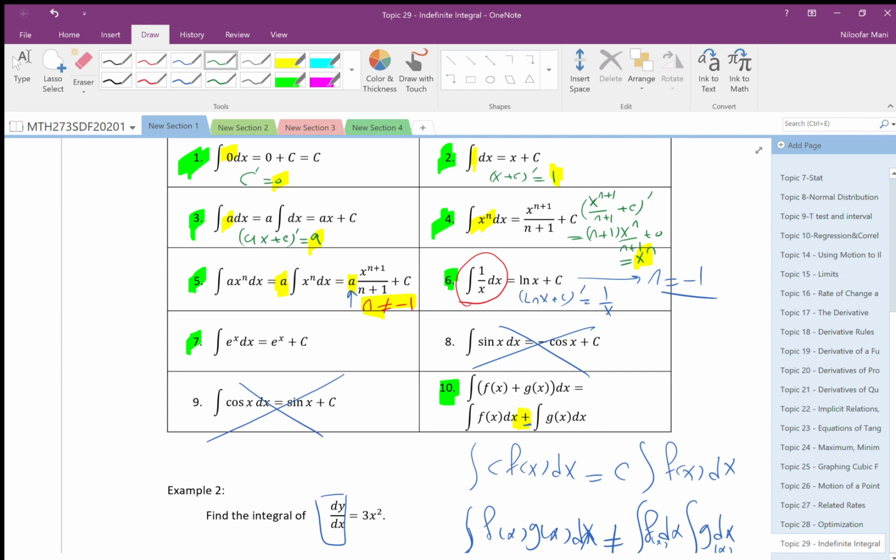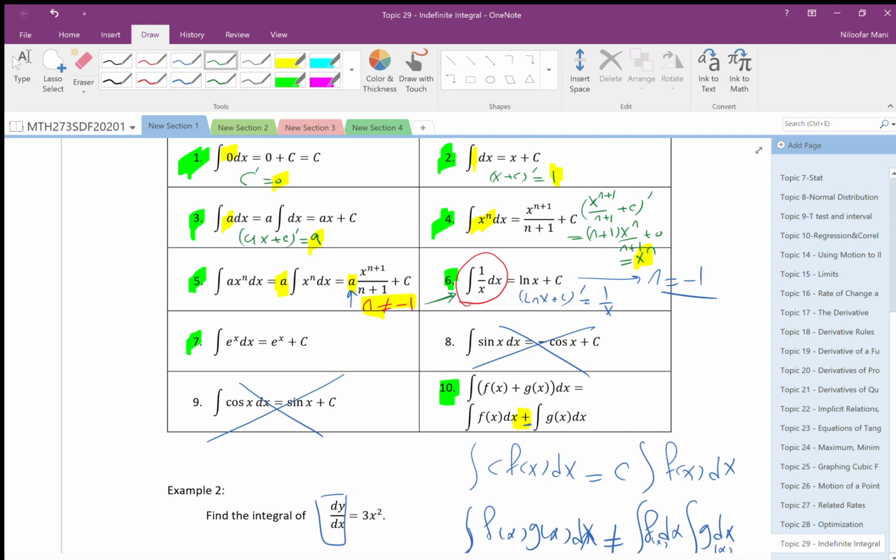When I have the integral of 1 over x dx, I know it's ln x plus c because the derivative of ln x is 1 over x. But I know ln is just defined for positive numbers, not zero, not negative.